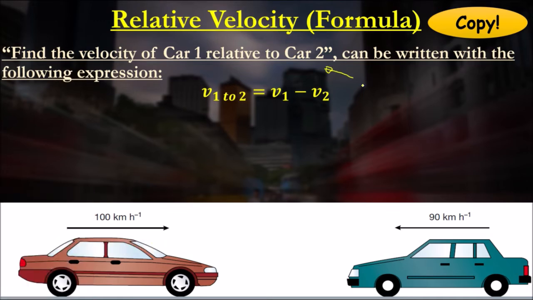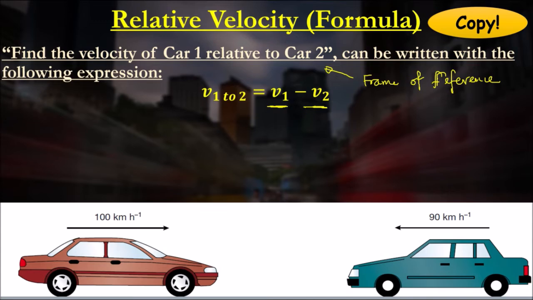Or we can say car 2 is the frame of reference that we care about. So this is what we call a vector subtraction. So we're going to subtract, so we have v1 subtracted by v2, okay?